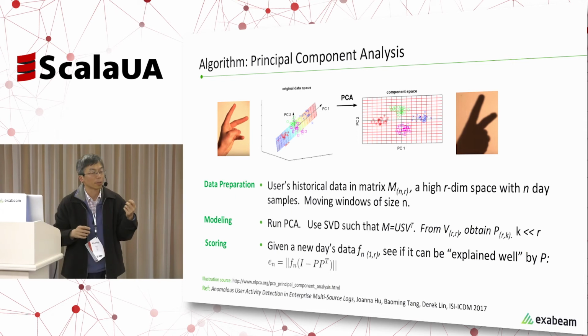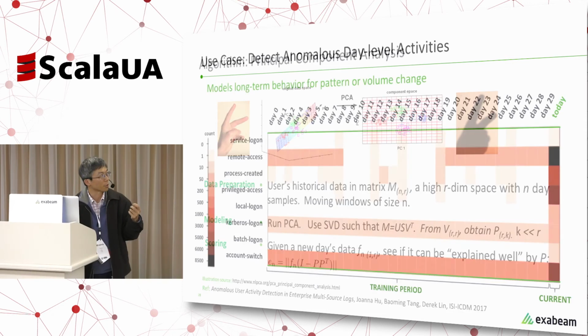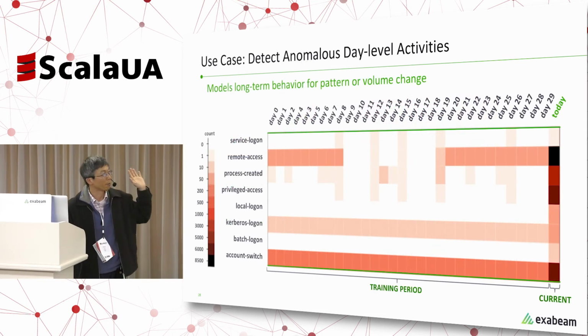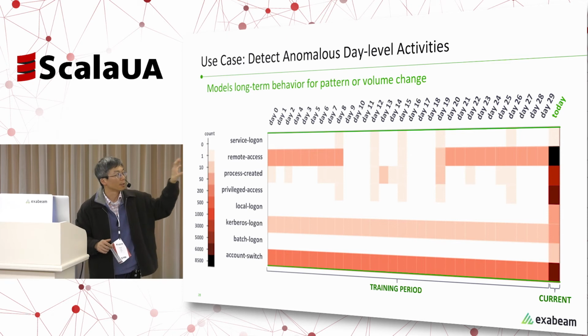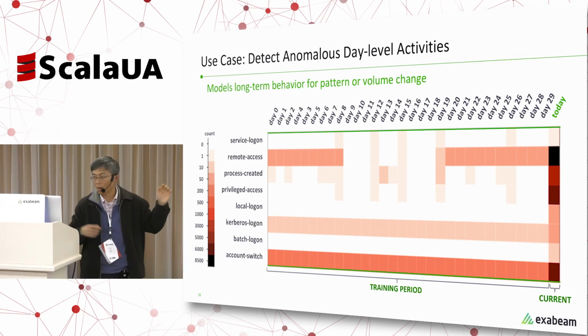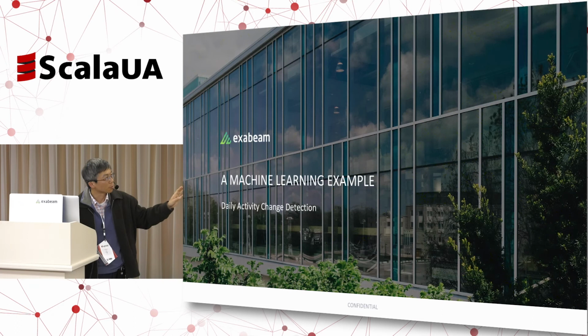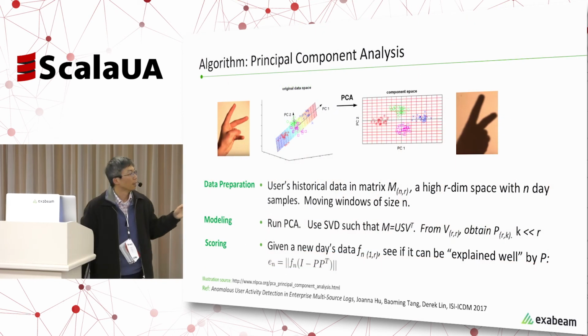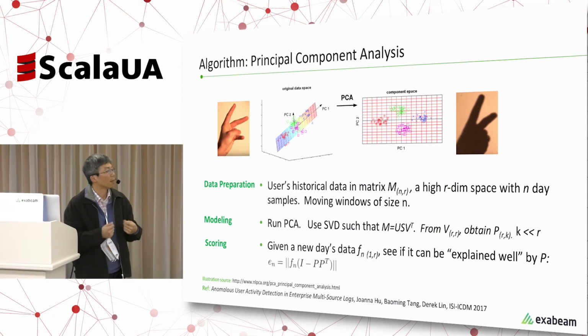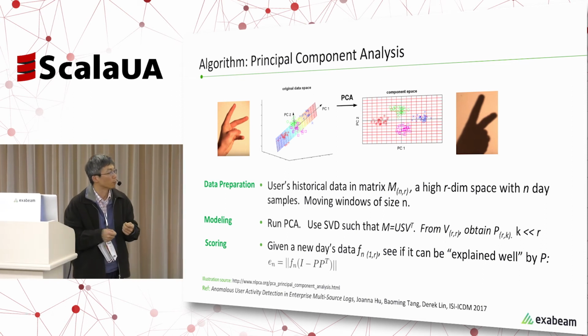In the same token, given the previous matrix, I have a bunch of points. I have 30 days of points, and each point consists of a number of dimensions. I want to project this data set from the R dimension to a much lower dimension. And again, the way to do that is to perform PCA.